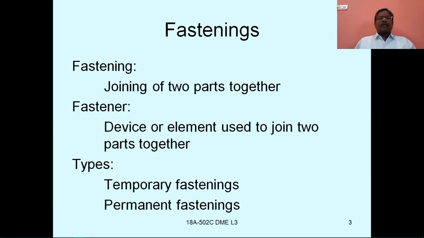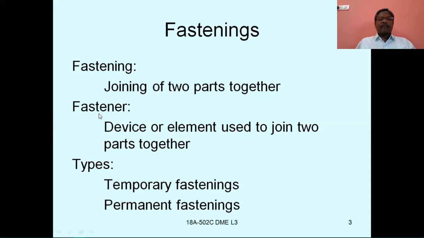Screw fasteners are one of the joining techniques. First of all, let us see the basics of fastenings. Joining of two parts together, either permanently or temporarily, is called fastening.